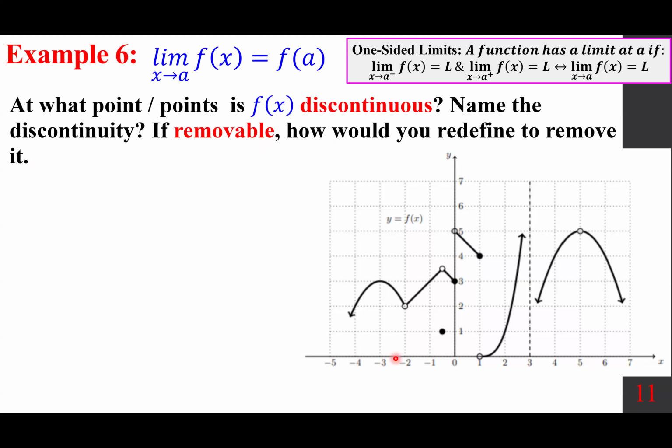We have a hole at -2, a hole at -0.5, a jump at 0 and 1, a vertical asymptote at 3, and a hole at 5. So -2, -0.5, 0, 1, 3, and 5 are the points we're going to discuss.